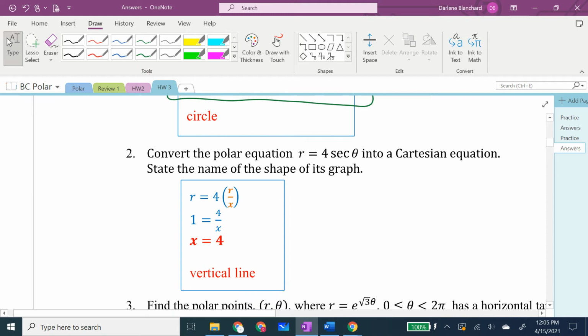Then you're either going to run into an r squared or you're going to run into a bye-bye of r. You're not going to run into just a singular r sitting around where you have to go, well, I guess I've got to replace it with a big giant square root of x squared plus y squared, but that makes a really awkward equation.